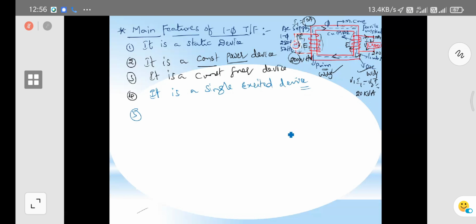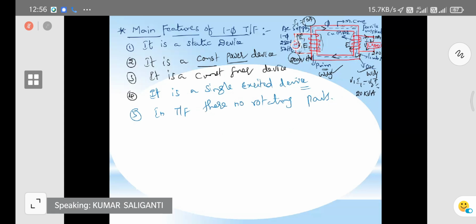In a transformer there are no rotating parts, compared to all other devices like generator, motor, induction motor, synchronous generator.